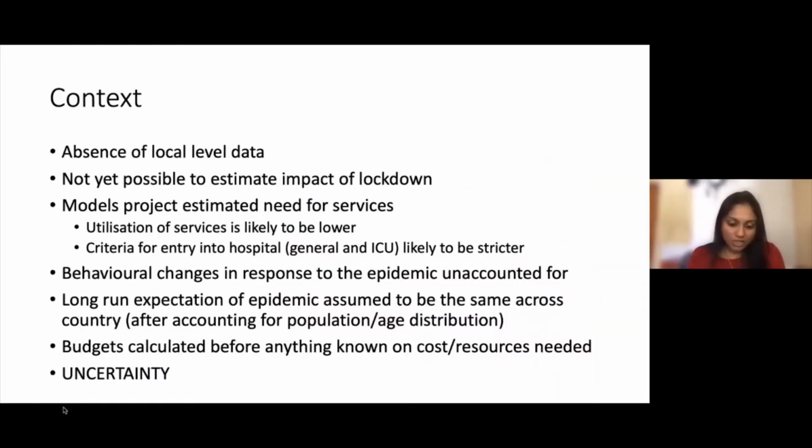So as I mentioned, we had no local level data, so we had no idea what the use or the requirements or severity of infection would really be at a local level to determine the hospital pathway and the need for hospital services. At the same time, as a country, we had implemented a hard lockdown fairly early on, within the first month of our epidemic.